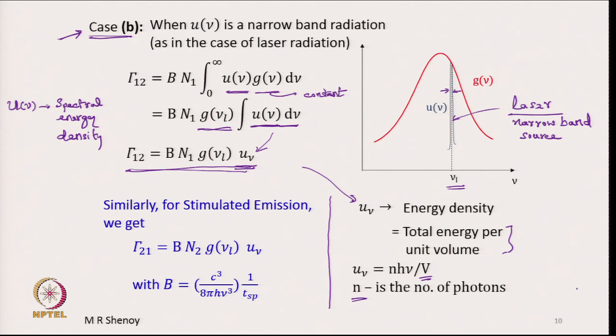And with respect to case B, similarly, for stimulated emission, we get gamma 21 is equal to n2 into G nu L into u. Instead of n1, we now have n2. So, we have a similar expression for gamma 21 equal to B times n2 into G nu L into u, with B equal to this.